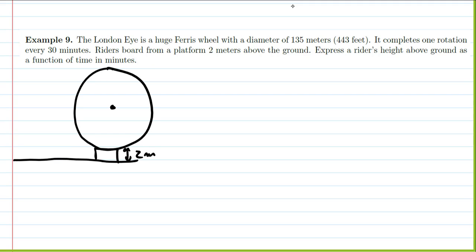And we know that its diameter, so the distance all the way across, is going to be 135 meters. Well, the radius, which is what we're really going to want, is going to be half that distance. So our radius is 135 divided by 2, which is going to give us 67.5 meters.